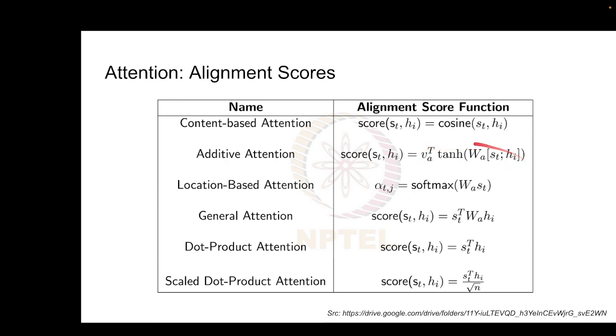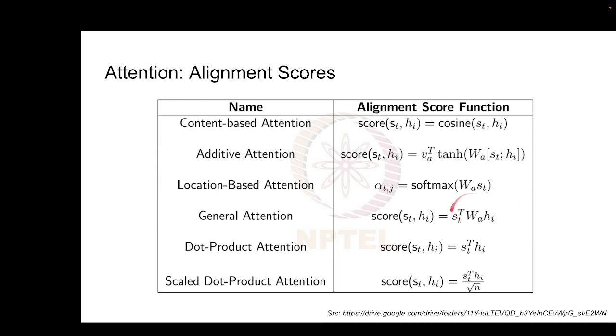The formula is given by this, where this sign means concatenation. So you concatenate ST with HI, and then you have this and this, these two are learnable. This is a matrix, this is a vector. So these two are learnable, right. So basically you are trying to learn the similarity between ST and HI through these learnable parameters. So this is another form of attention that is very popularly used.